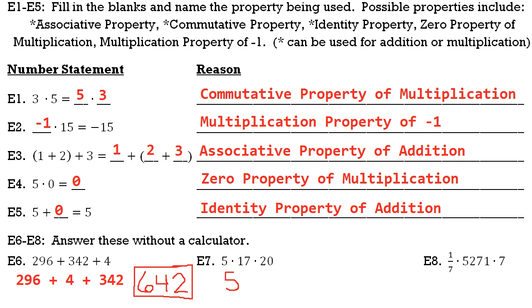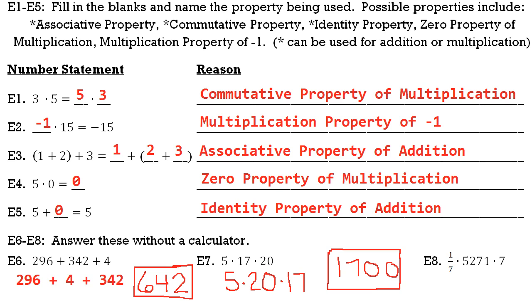So if you did 5 times 20, that is now 100. And since it's now 100, you could multiply it by 17, and 100 times 17, wait for it, 1700. So once again, we're talking about a situation where rearranging the numbers makes your life better.